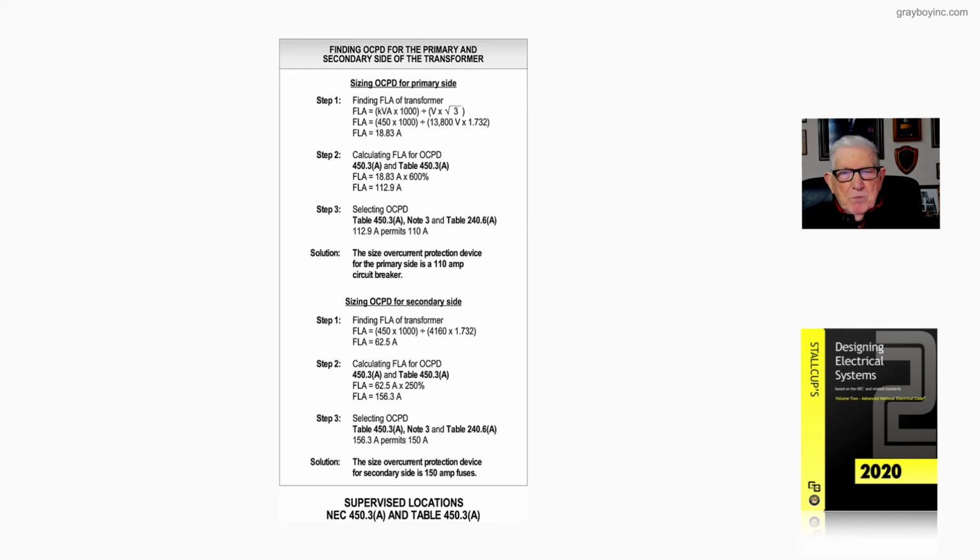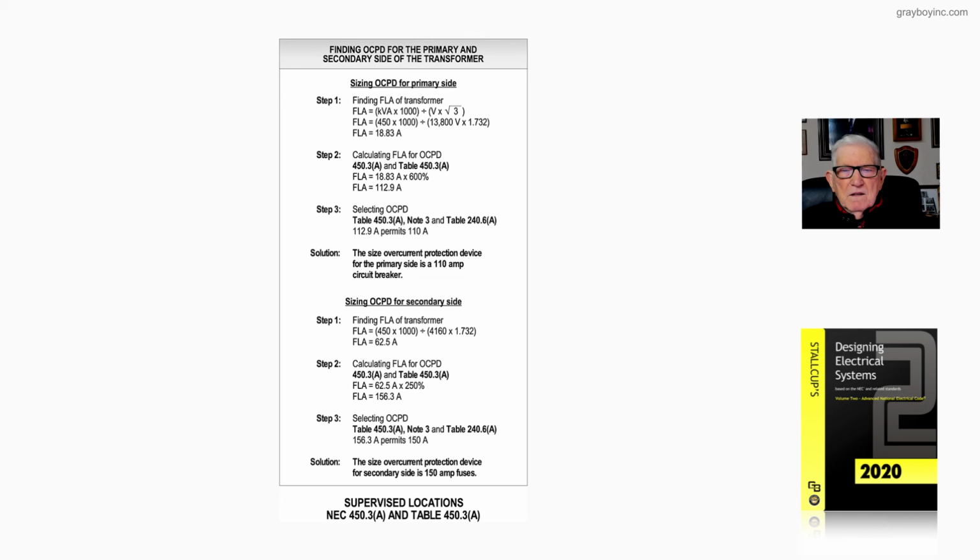150. And as previously stated, we're using our table 240.6(A) instead of actually going to our ANSI standard, to pick up, I think it's C37 that we quoted in the illustration to you.